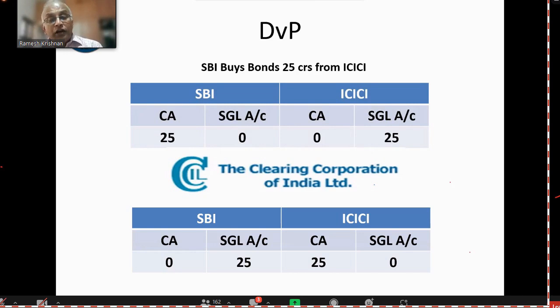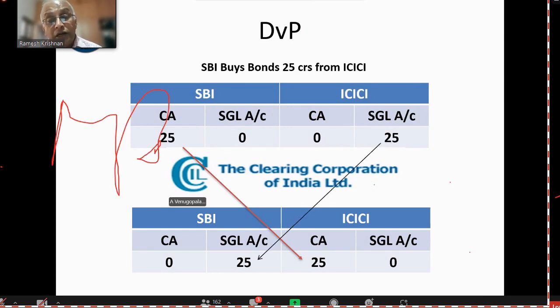And therefore, once CCIL permits the transaction to be concluded, 25 crores of money moves from the current account of SBI to the current account of ICICI, and simultaneously 25 crores of securities move from the SGL account of ICICI to SBI. Now, is it clear?